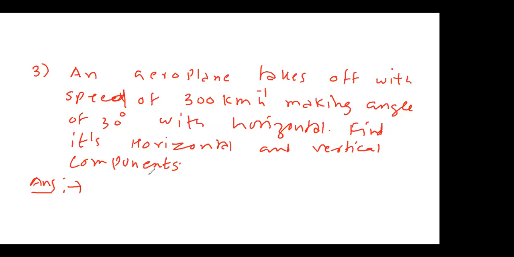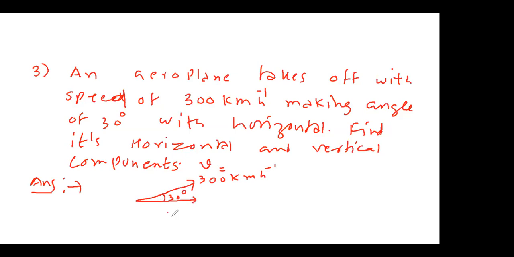Okay, now see the meaning. An aeroplane is taking off with speed of v equals to 300 kilometer per hour, making angle 30 degree with horizontal.